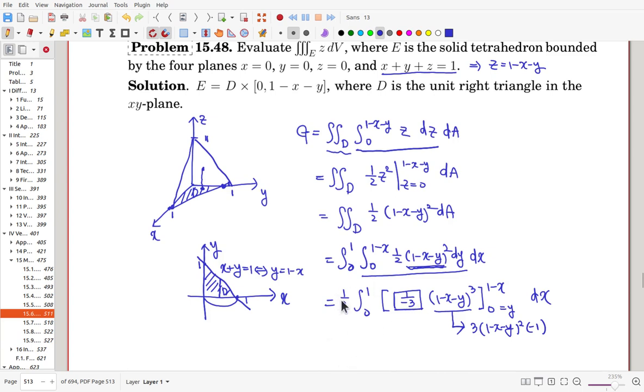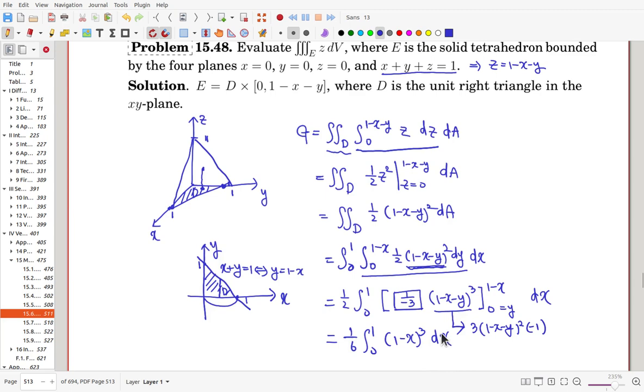Now we'll take out 1 over 3, so that it is 1 over 6, from 0 to 1. Along with this minus, first at Y equals 0 there is 1 minus X cubed, and at Y equals 1 minus X it is 0. So we have that one.